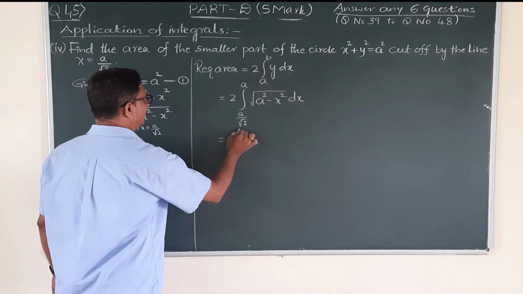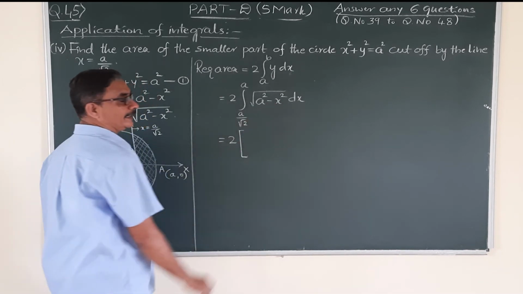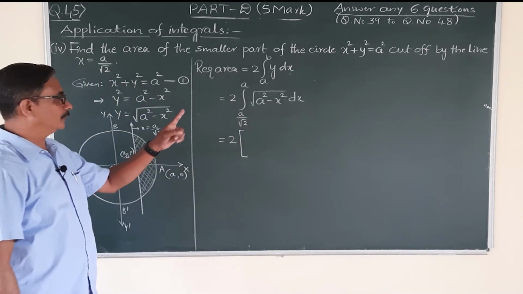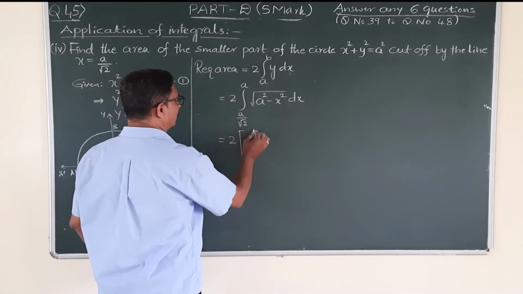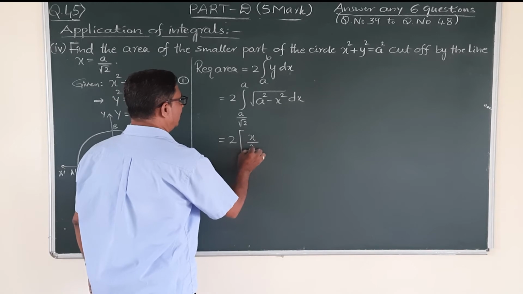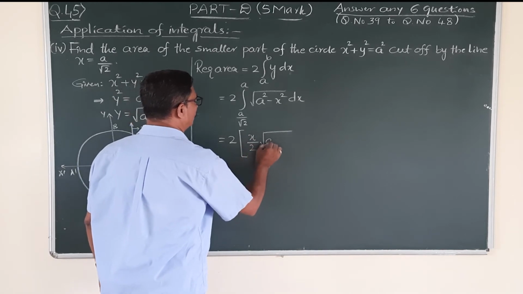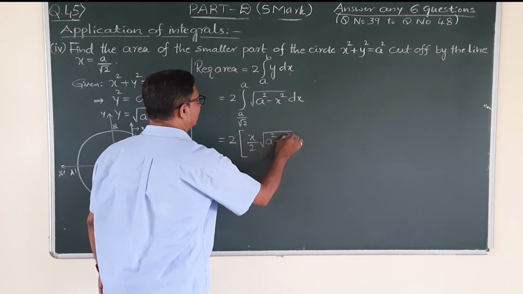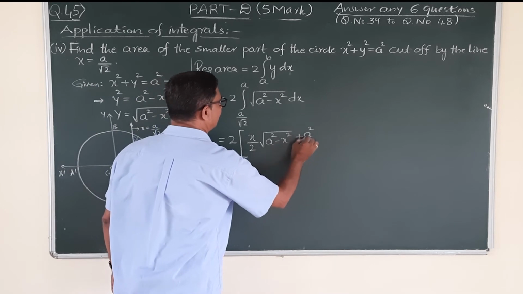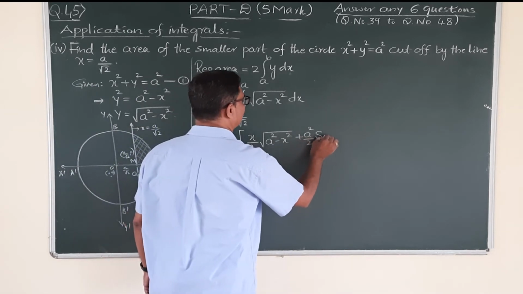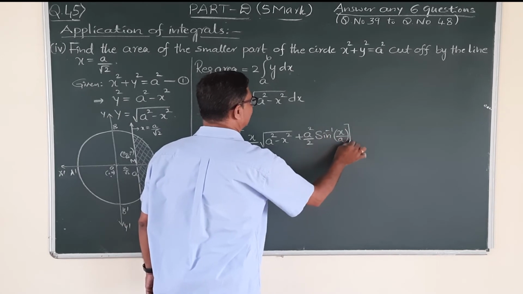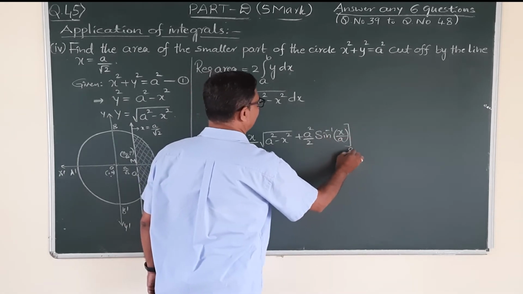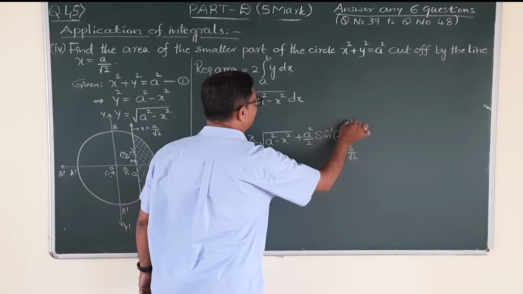Simplify. You know the formula, integration of root of a square minus x square. Look, if you remember just this one formula, you will get it here. The formula for the integral of root of a square minus x square is x by 2 under root of a square minus x square plus a square by 2 sin inverse of x by a, between the limits a by root 2 to a.